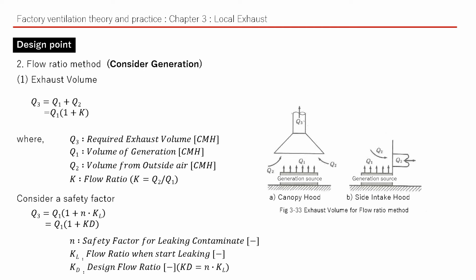And then, we will consider the safety factor. N is the safety factor for leaking contaminant. KL is the flow ratio when leaking starts. So if we select N and KL, we can calculate the required exhaust volume.